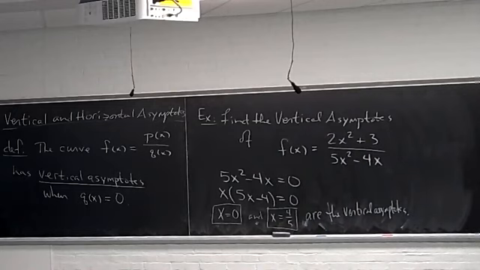Doing that gives us our vertical asymptotes. Any questions about that one? Okay, so let's now talk a little about horizontal asymptotes. But to do that, we need a little more information on limits.